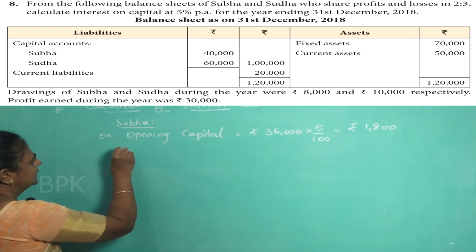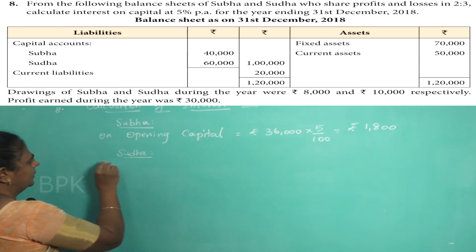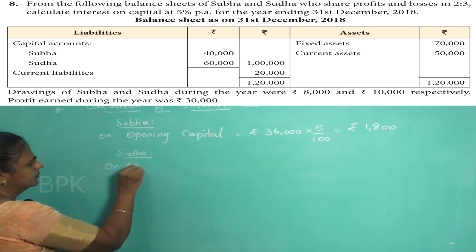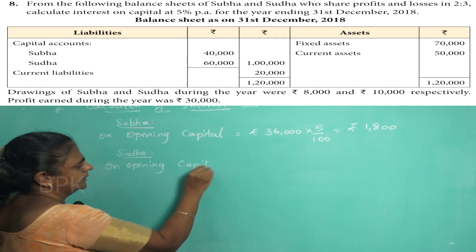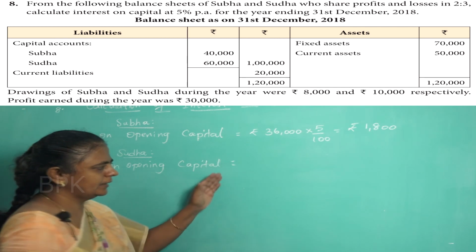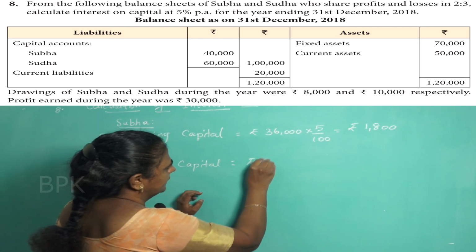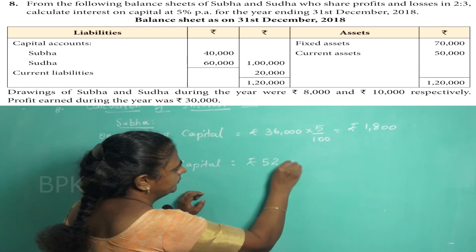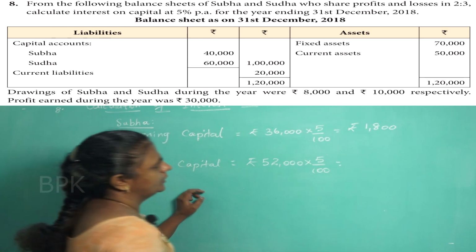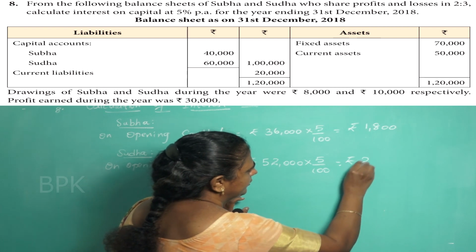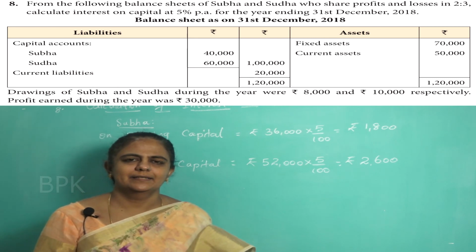Next for Sudha, on opening capital, just now we calculated. What is Sudha's opening capital? 52,000. So 52,000 into 5/100, that will give you rupees 2,600. Hope you understood, children. Thank you.